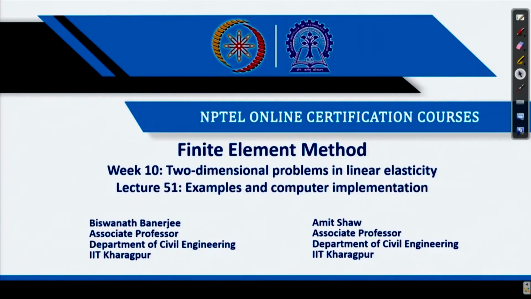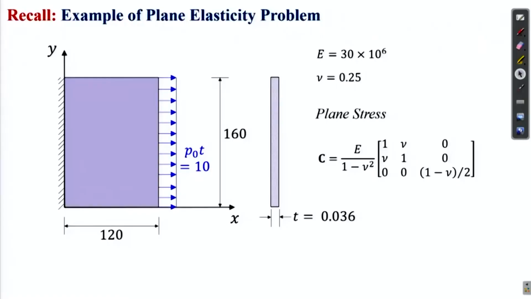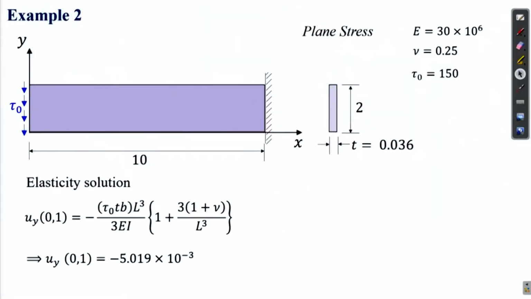Hello everyone, this is the last lecture of this week, and today we will continue the discussion we started in the last class. If you recall, we had taken some examples. One example was this and another example was this, and we applied triangular elements to get the solution.